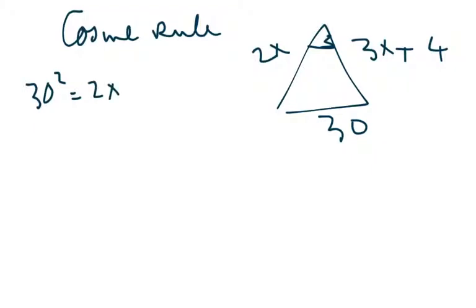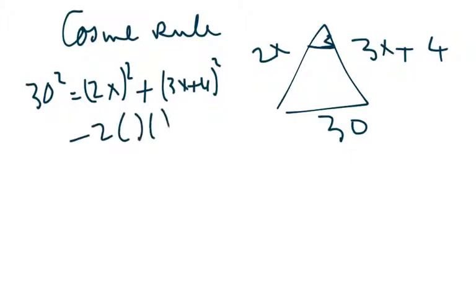Put in your value for x. Plus 3x plus 4 squared. Whatever that works out as, you're going to get some numbers. I'm putting in the x's here, but you'll be putting in values for x. So it's equal to minus 2 times whatever the value is, cosine A. That'll be a numerical solution.